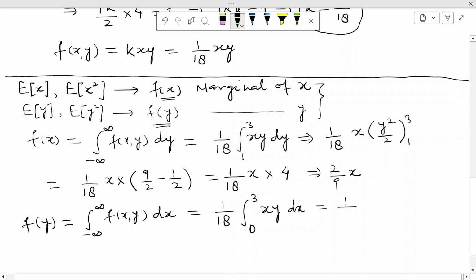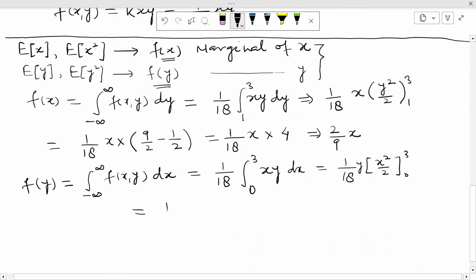So this is coming out as 1 by 18, and because we are performing the integral with respect to x, you can keep this y outside, and this is x square by 2, and limits are 0 to 3. So this will be 1 by 18 into y into, when you put these limits, 9 by 2, which gives us the marginal of y as y by 4.